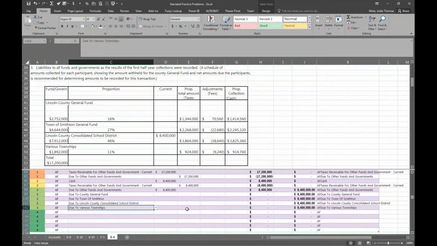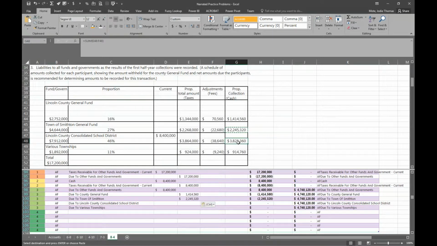Okay, we're recording our specific liabilities here. So let's see, our total here should add up to 8.4, which you can see it does right there. Okay, so let's do this. Smithton General Fund, Lincoln County General Fund, and we have the Smithton General Fund.